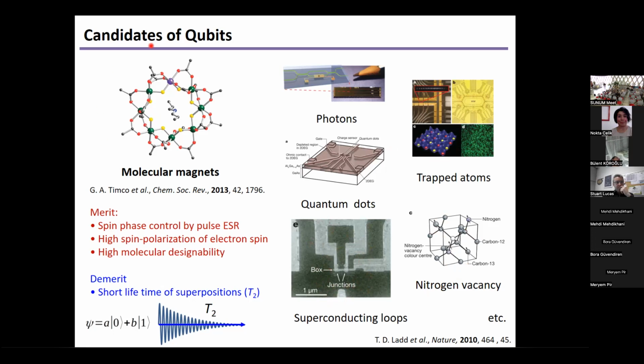But more recently, molecular magnets have become good candidates for qubits because the merit is a spin phase controlled by fast EPR, high spin polarization of electron spin, and high molecular durability. However, the disadvantage, or demerit, is the short lifetime of the superposition, the spin relaxation time. We must elongate T2.